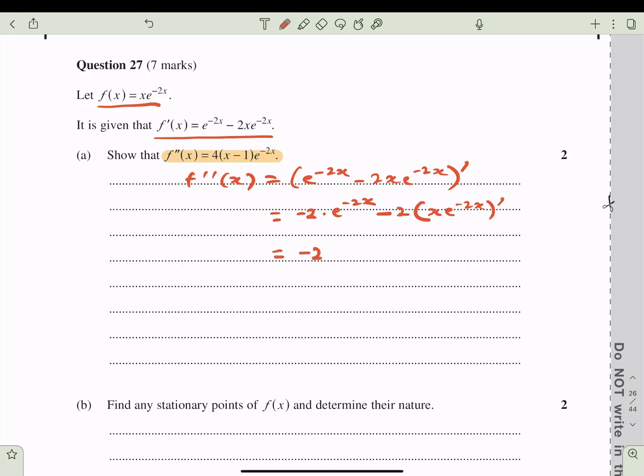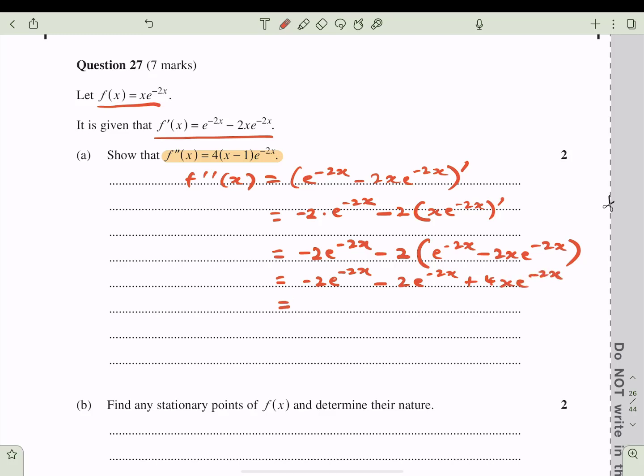So therefore, we can swap it out to have negative 2 times e to the power of negative 2x minus 2x e to the power of negative 2x, because that's given to us, thankfully. Okay, and then expanding my bracket, that's equal to negative 2 e to the power of negative 2x minus 2 e to the power of negative 2x plus 4x e to the power of negative 2x.